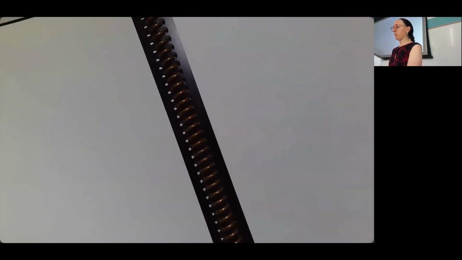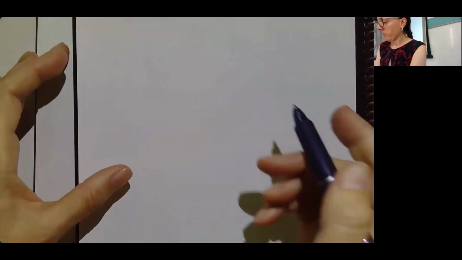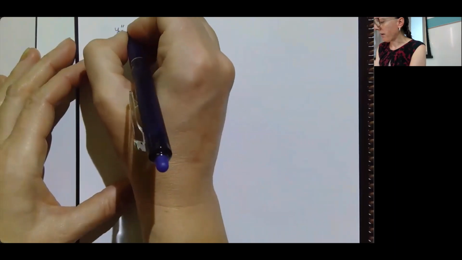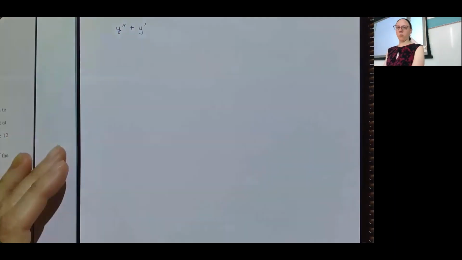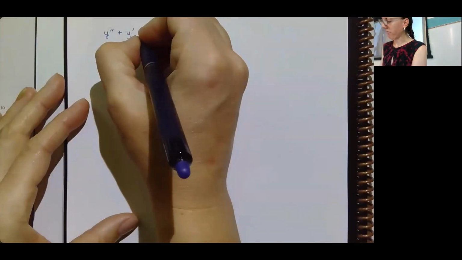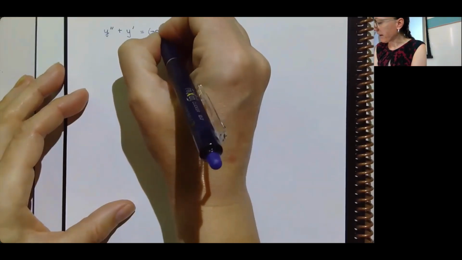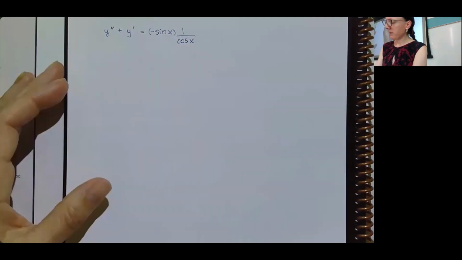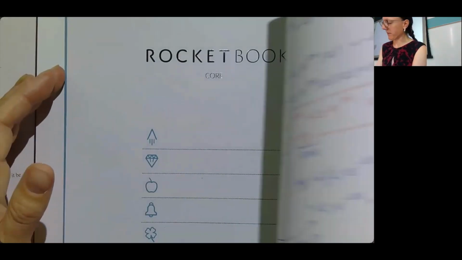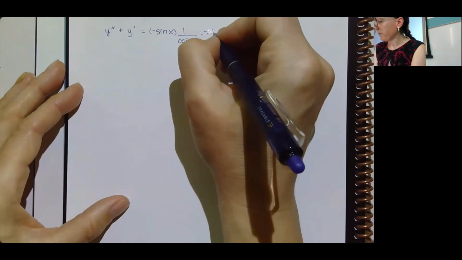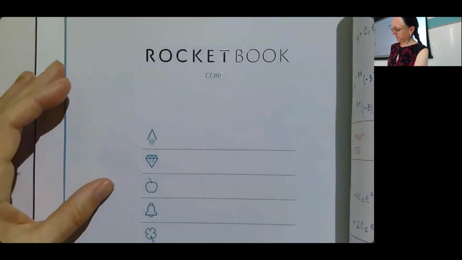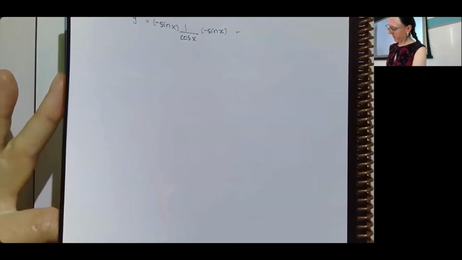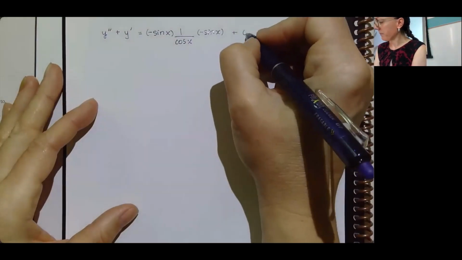So we took y double prime and we added in y. Some stuff canceled out, and we were left with negative sine of x times 1 over cosine of x times negative sine of x plus cosine of x.